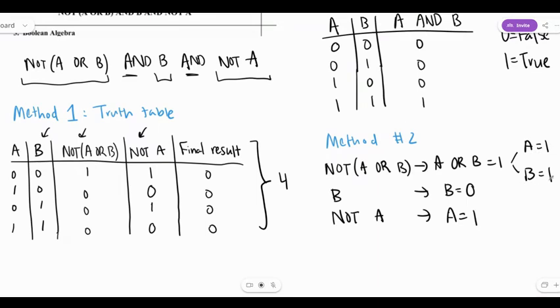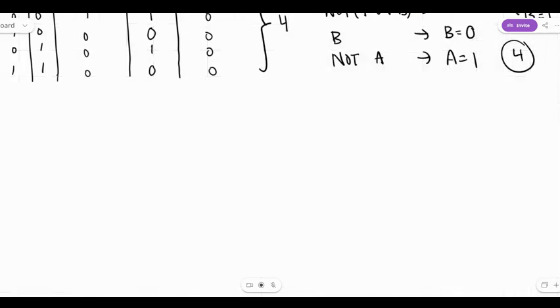And if B is 1, you can have A is 1 or A is 0. And you can actually see just by doing it out that all 4 scenarios are possible, so the answer is 4. However, generally, method 2 isn't recommended because it's not reliable, and having a truth table makes it so that the casework is clear and that you're less likely to make mistakes.